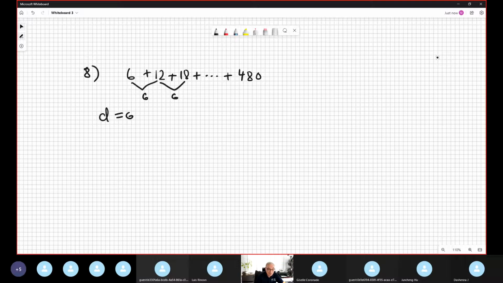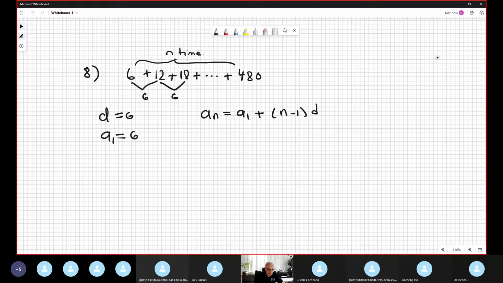And the first term A1 is also 6. It's a coincidence. In order to find how many terms, n terms, this sequence contains, you copy the formula: A sub n is equal to A1 plus n minus 1 times d.